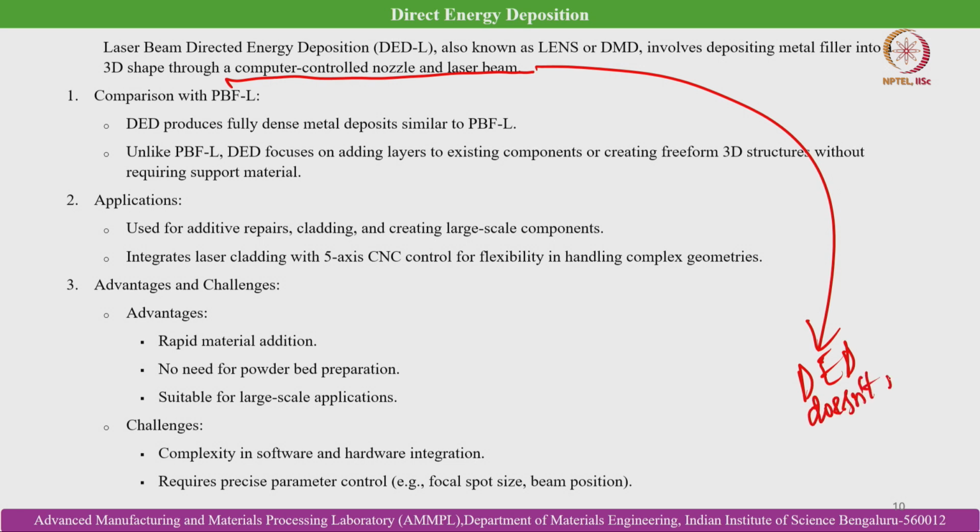Already we have discussed that additive manufacturing can significantly decrease the material wastage that happens in subtractive manufacturing processes, because of the removal of extra material, or the allowances given during machining stages. So, LPBF already saves material compared with subtractive manufacturing processes, and DED saves further because it does not need any powder bed.